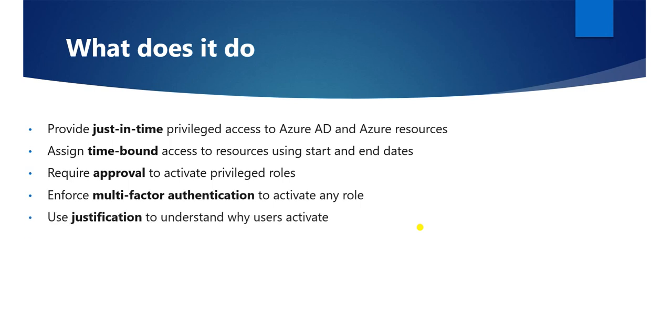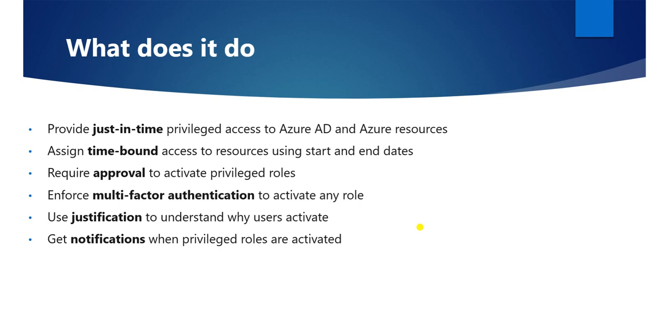Use justification to understand why the user activates. The justification will be there when you are raising a request; you need to justify why you need this access. In the same way, when your approver is approving this request, they should also justify why they are approving it.